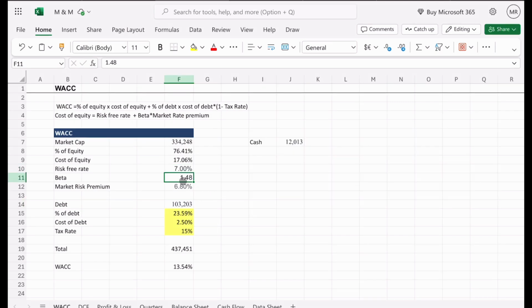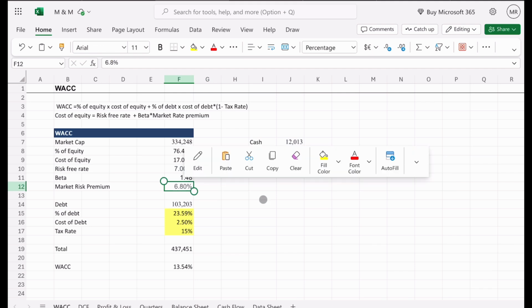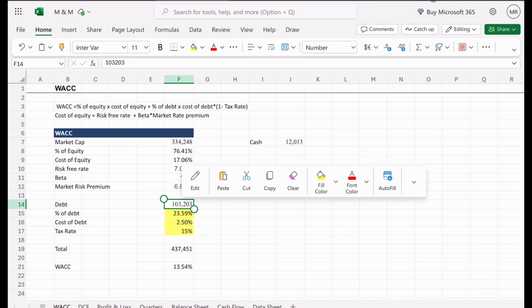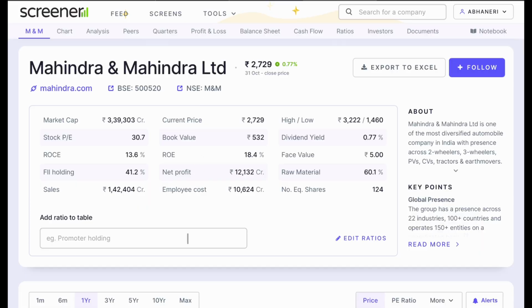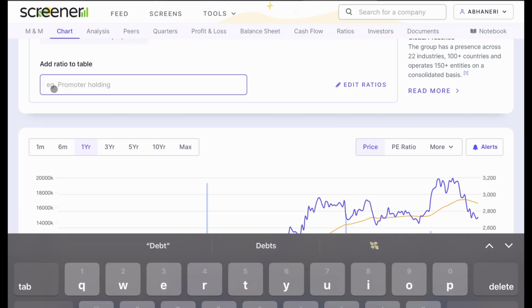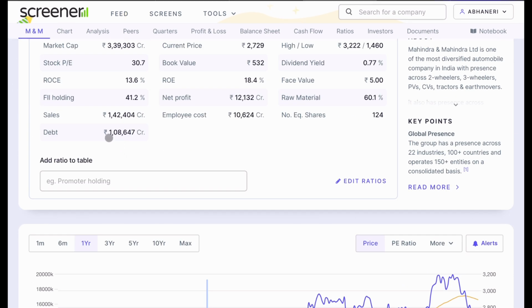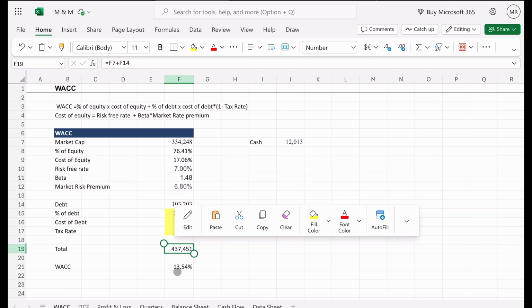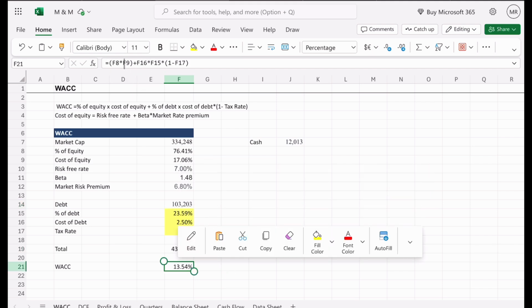Beta for Mahindra is 1.48, market risk premium is 6.8, and debt is this. You go through Screener, you search debt. Here it is. So we apply the formula for WACC. I stated it here.